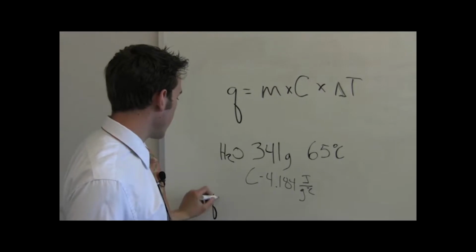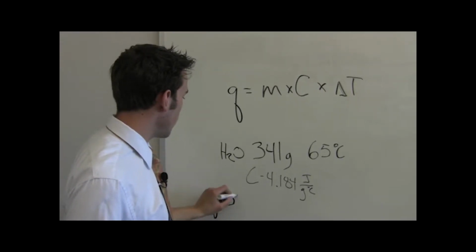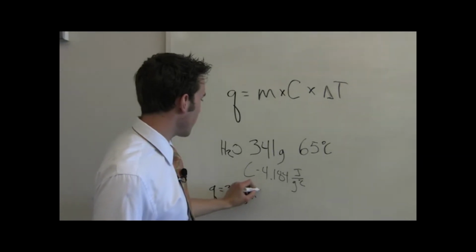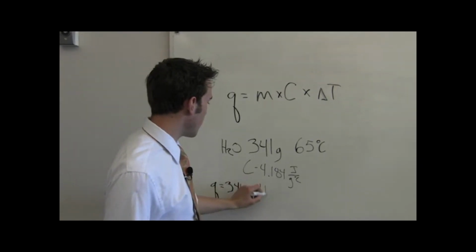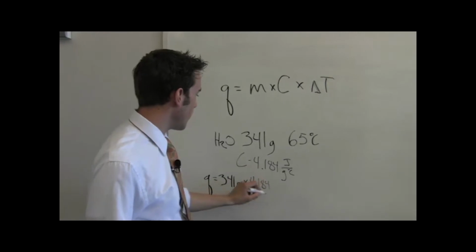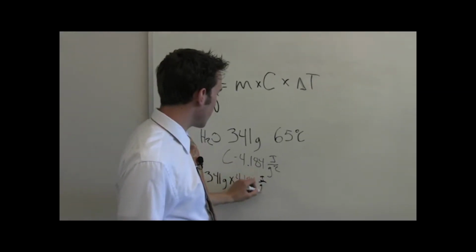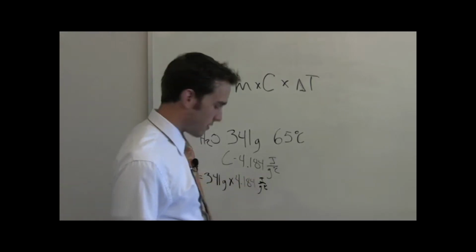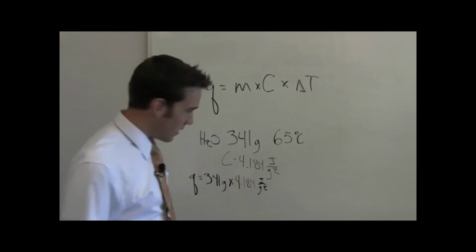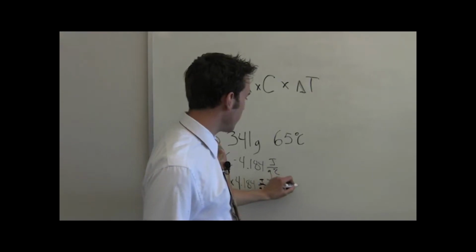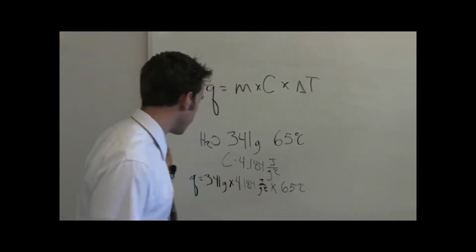So Q is equal to 341 grams times this 4.184 specific heat capacity, joules over grams degree Celsius, and then multiply that by the 65 degrees that the water increased.